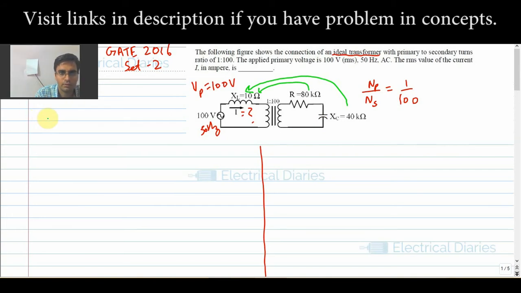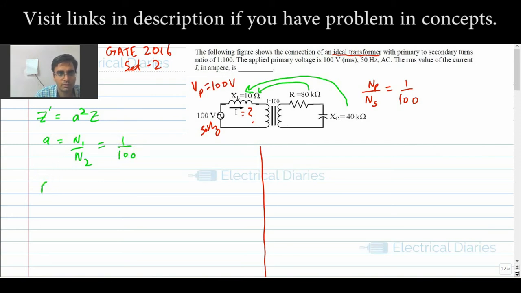I hope you know that the shifted parameter Z dash is equal to A squared Z. Now here A will be N1 by N2 because we have to shift to the primary side. So A will be 1 upon 100.